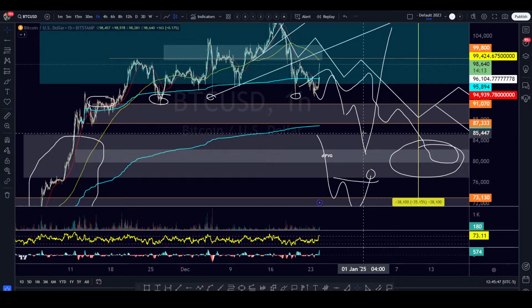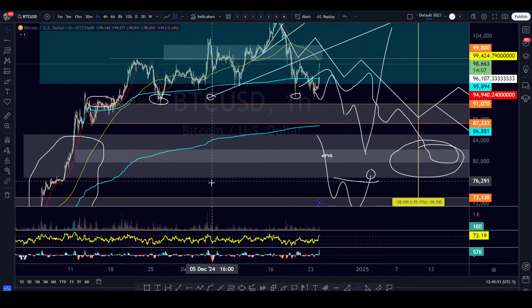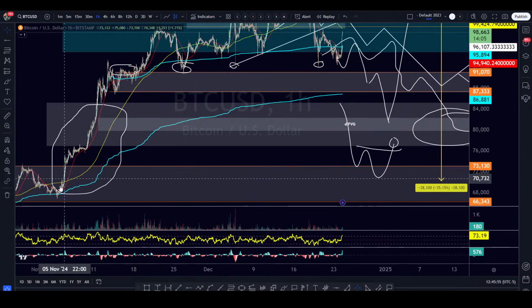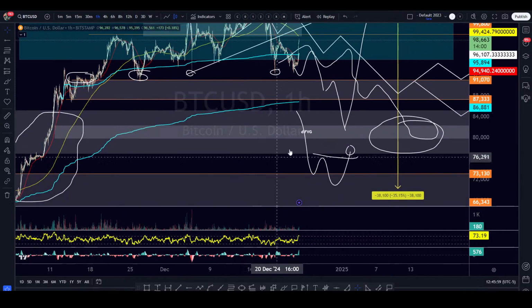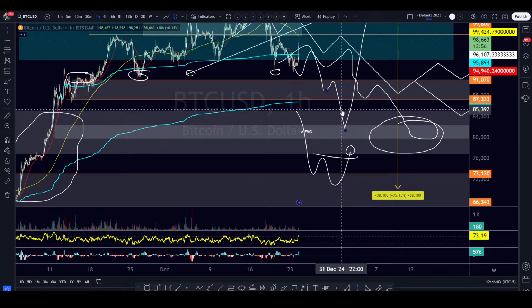The market makers will fake everybody out, because right here there is a low volume node, which means there's no support or resistance. It'll fake everybody out. Everybody will go short big time.